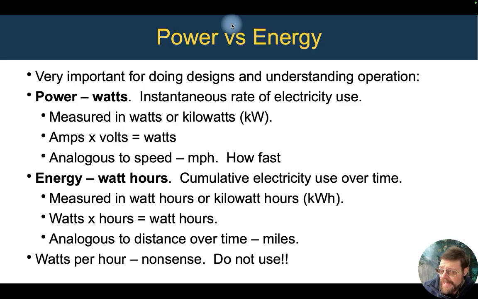It's a cumulative value, and we can make up that cumulative energy use with high power for a short amount of time, or low power for a long amount of time. If we had high power for a long amount of time, it's an even larger cumulative kilowatt hours total energy use.